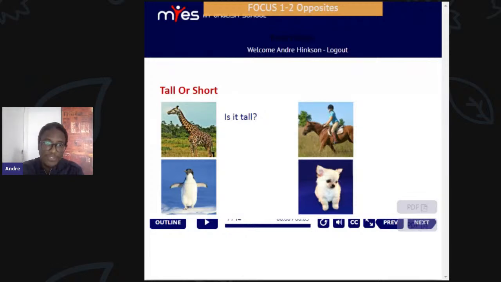Alrighty, so is it tall? Is the giraffe tall, Tonio? Is it tall? How would you answer? Is it positive or is it negative? I'll give you a couple seconds to think about it. So, is it tall? Would you say yes or would you say no?